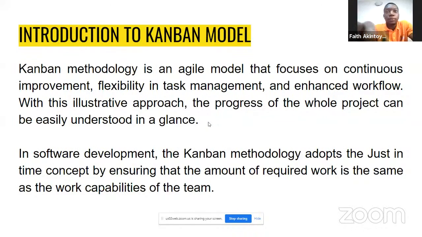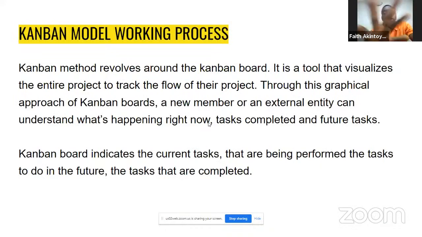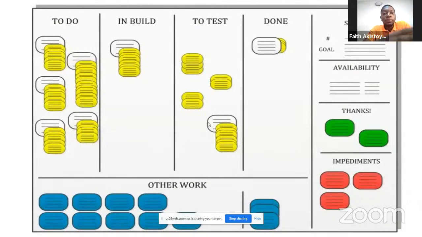All right, can you move on to the next slide? Sorry, the one before this. Okay, so what you're looking at is the Kanban board. There is a place where you look at the list of tasks to be accomplished, checking everything one after the other.